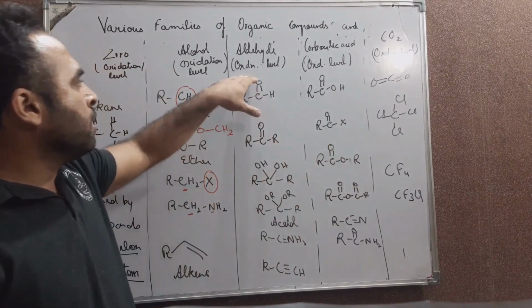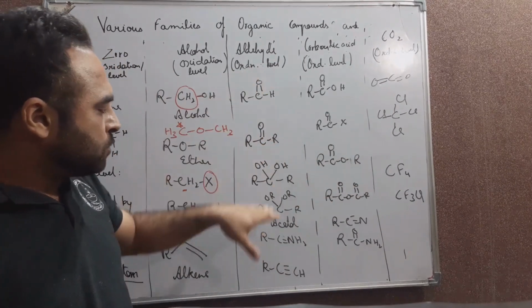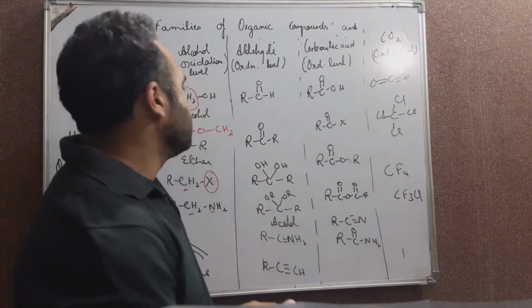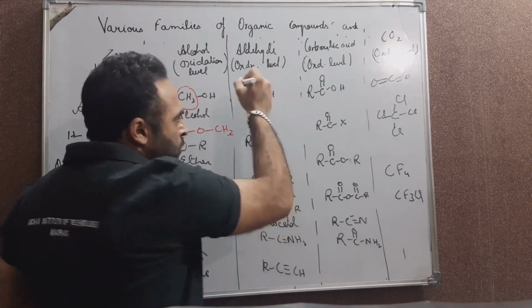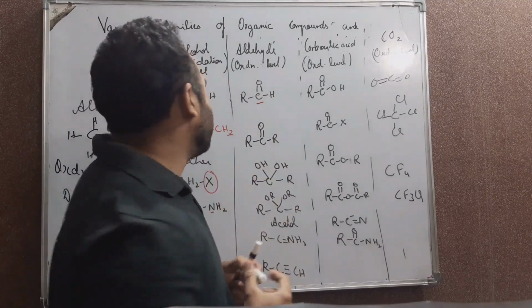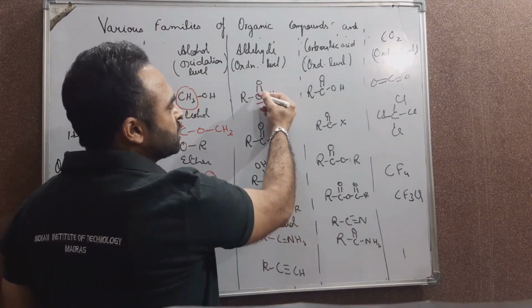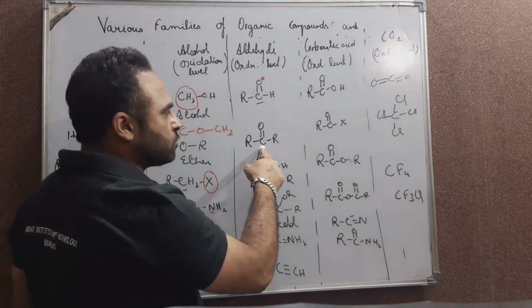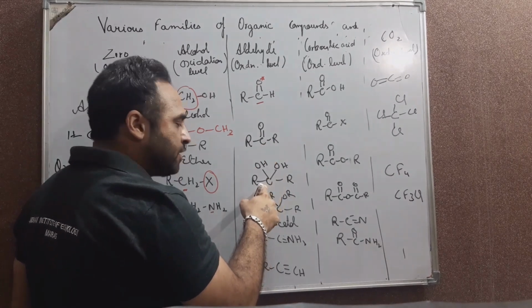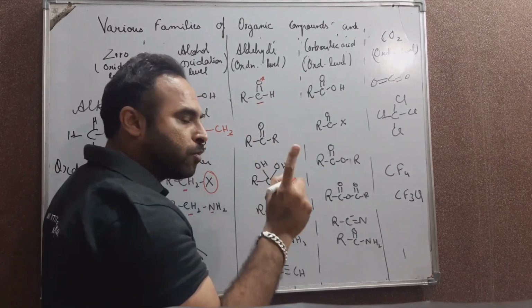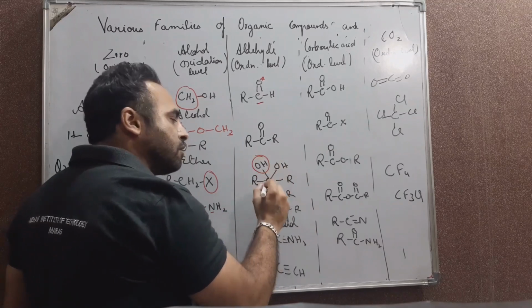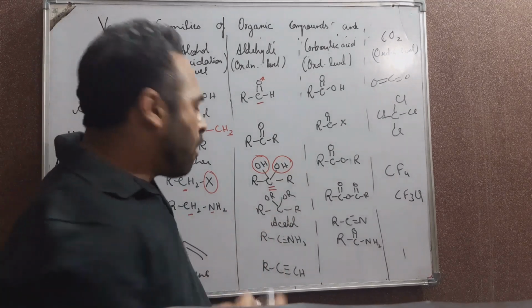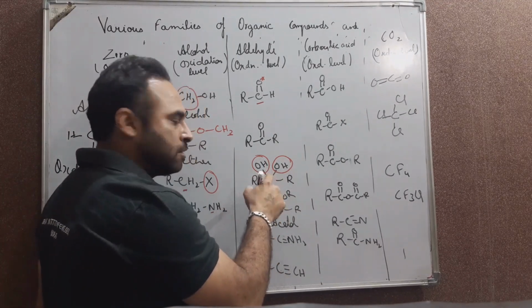Then we move on to aldehydes, ketones, and acetals or hydrates or imines. What we can see here is there is a carbon which is attached to a heteroatom by 2 bonds. This carbon is having 2 bonds with this oxygen. Likewise in ketones also. In hydrates, there is a carbon having 2 bonds with heteroatom oxygen, one with this OH and the other with that OH.